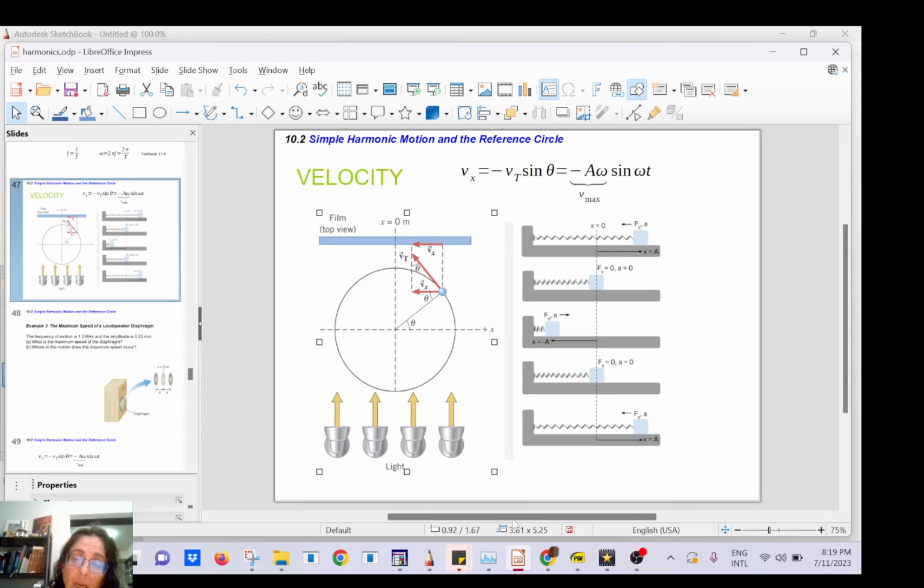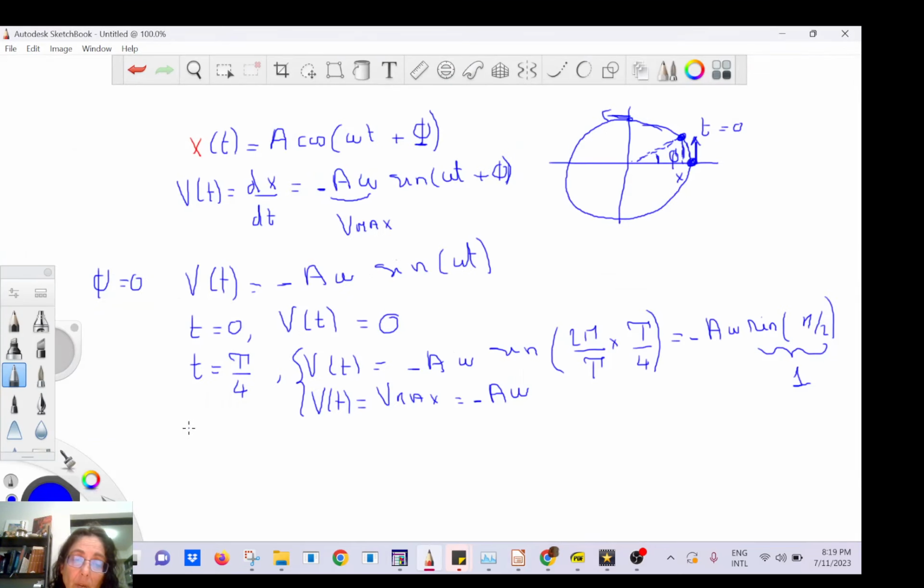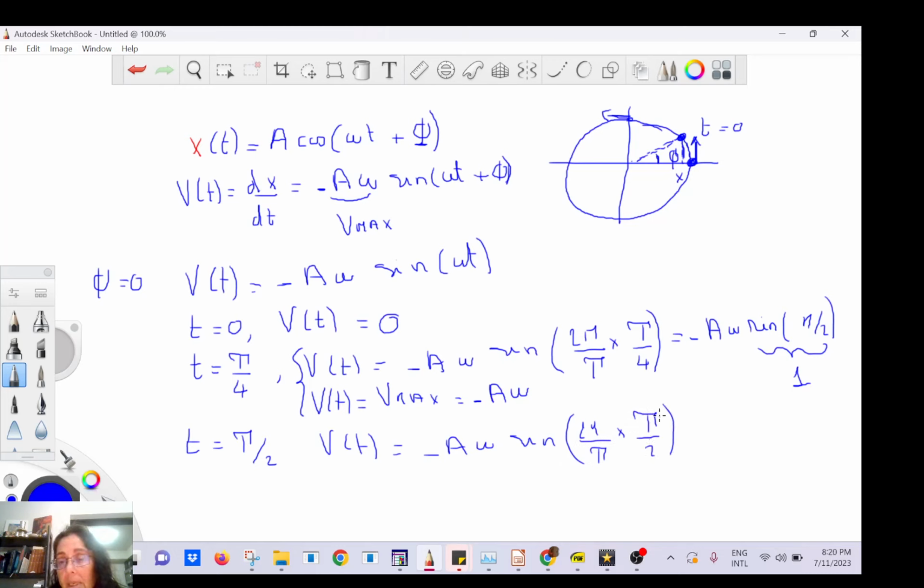And again, you look at this projection here on the screen. Okay, so here we are half of the period, right? So the velocity is going to be minus a omega sine of 2 pi over T times half of the period.